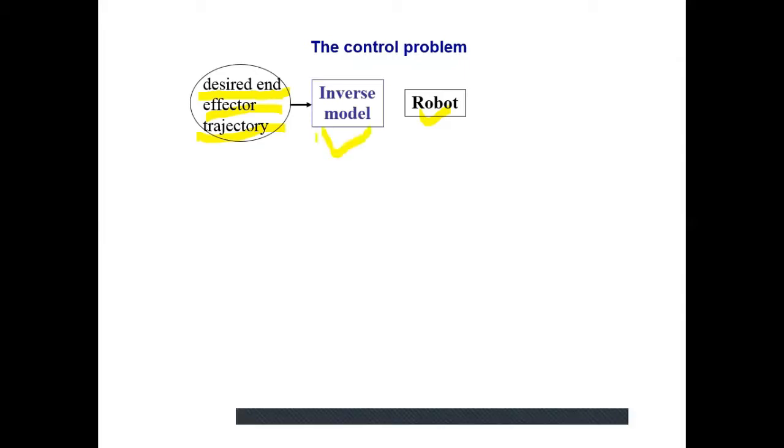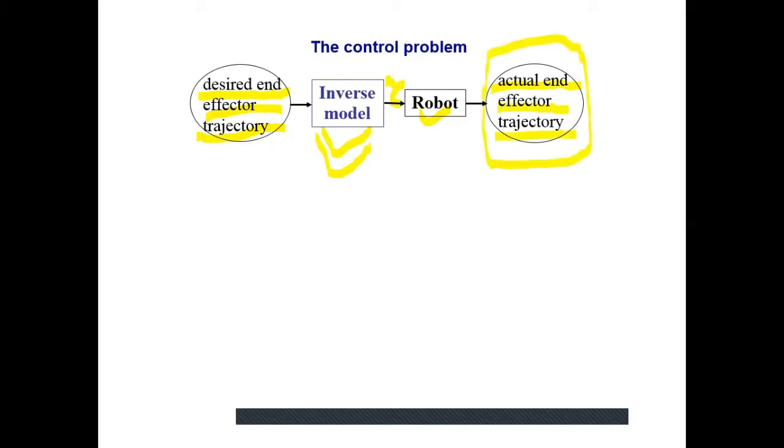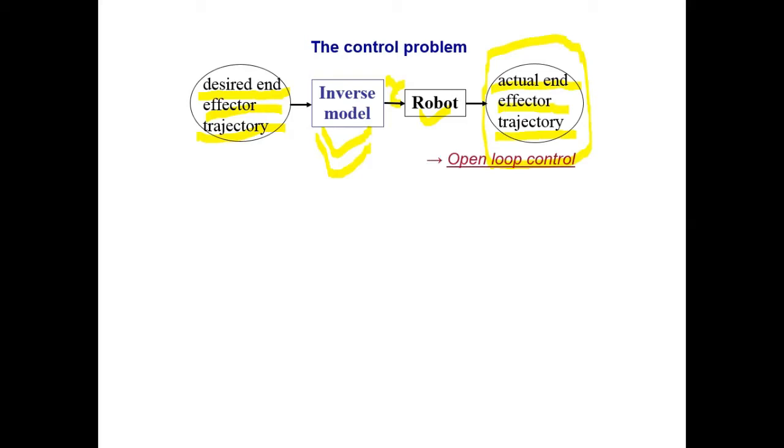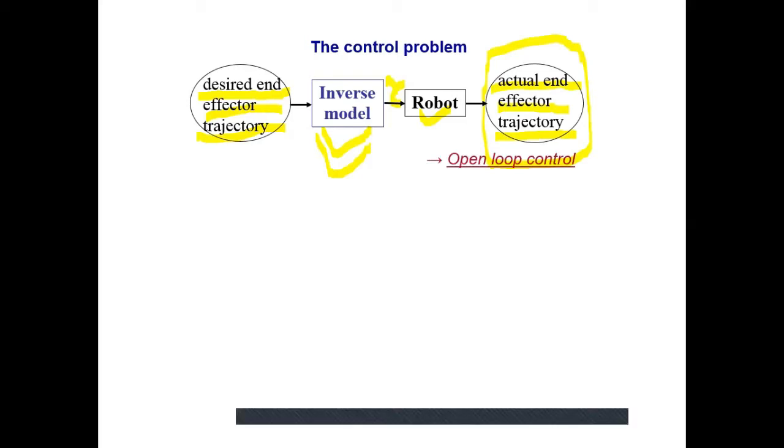So the inverse model will use all the given information to compute the joint torques. And this joint torque will be applied on the robot joints through the motor. And finally, we will get the actual end effector trajectory. This method of robot control is known as open loop control.